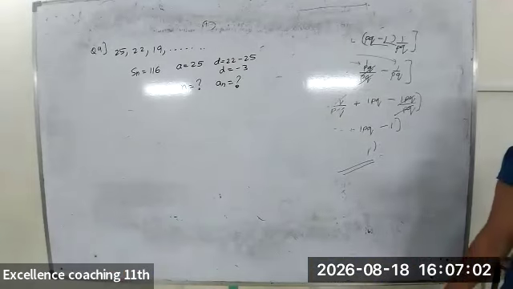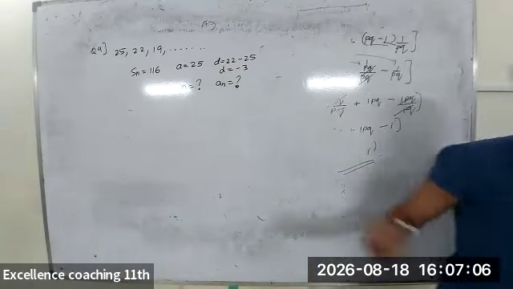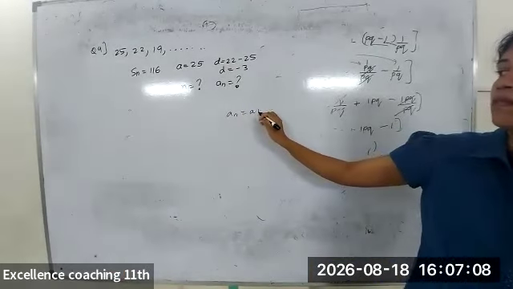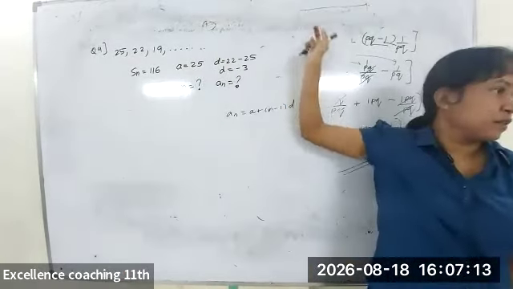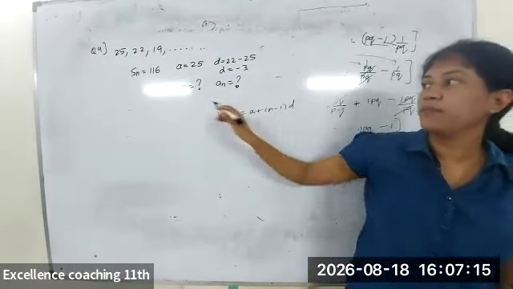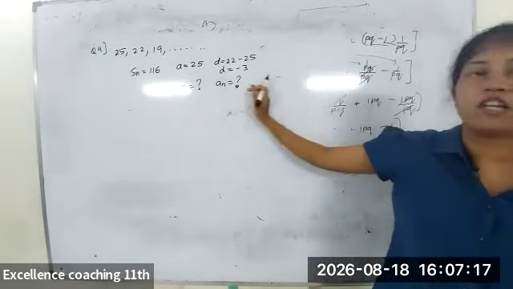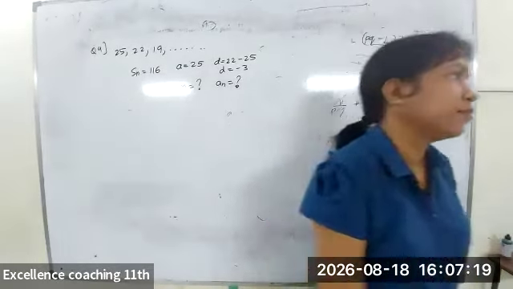Nth term is what you need to find. If you want to find the nth term, you don't know the value of n. You don't know how many terms are there. So first use the sum formula and calculate the value of n, because the sum is given.